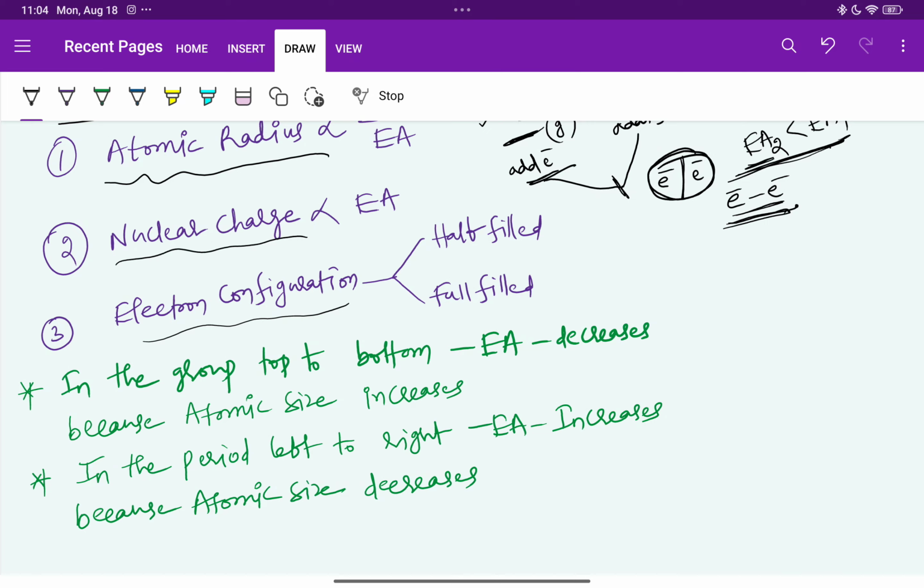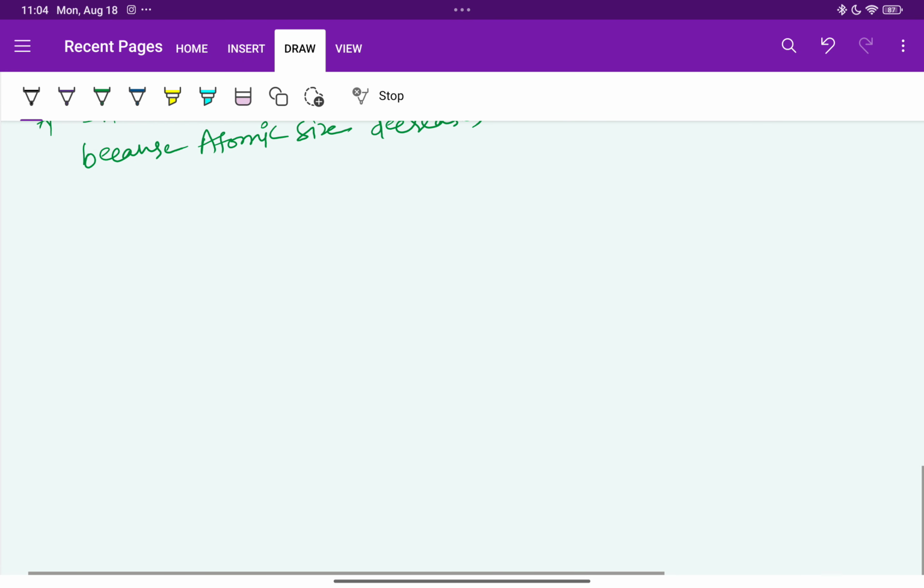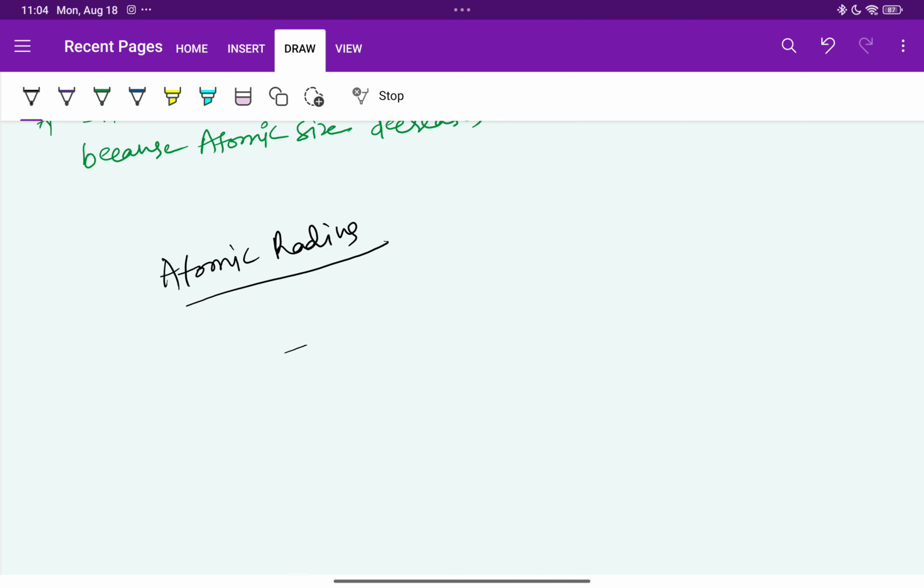First one, atomic radius. Already in the previous video we discussed atomic radius: the distance between the center of the nucleus to the valency shell. This is atomic radius.